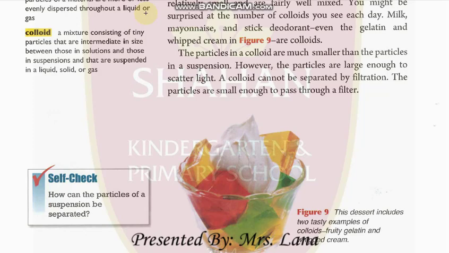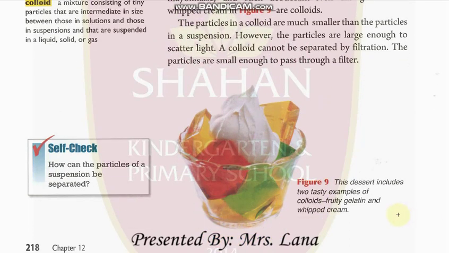A colloid cannot be separated by filtration because the particles are too small. The particles are small enough to pass through a filter. This dessert includes two tasty examples of colloids: fruity gelatin and whipped cream.